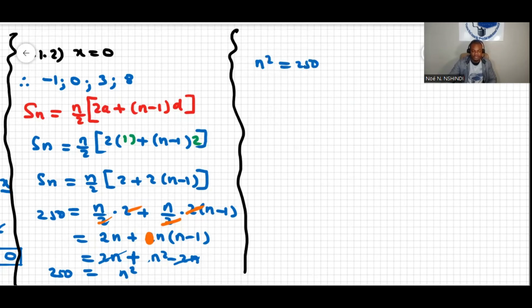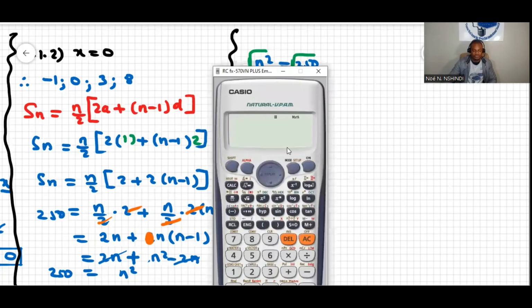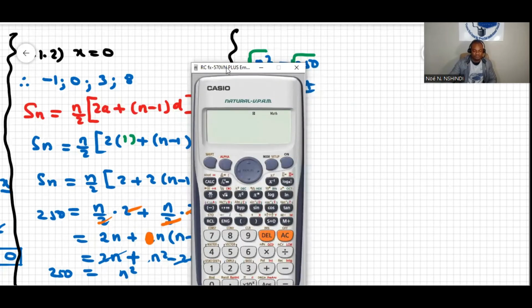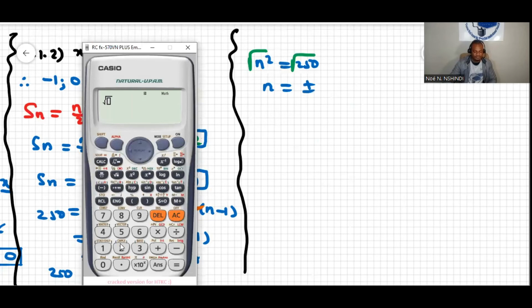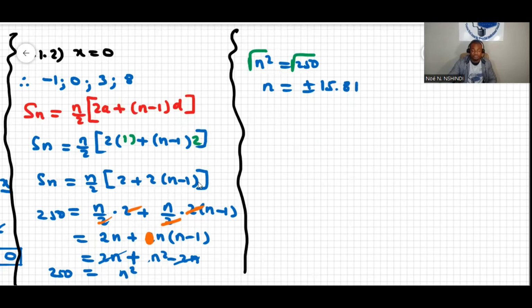If we need to find n, we can just square root both sides. Then n will be equal to plus-minus the square root of 250, which is 5 root 10. If you press the calculator, we get plus-minus 15.81. But remember, n is a term position, so the negative solution cannot be accepted. So this is just 15.81. The fact that we got this is not the answer.